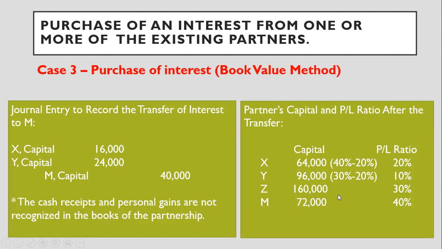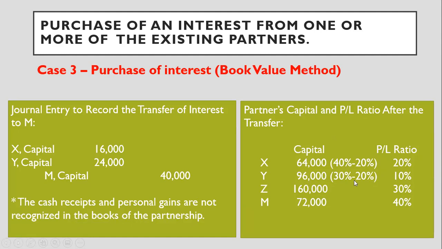So after the transfer, what will happen to the capital and the P&L ratio of the partners? Since it has to be at book value of the interest of the partners transferring to M, it is 80 minus 16, you have 64. And then 120 minus 24, we have 96.